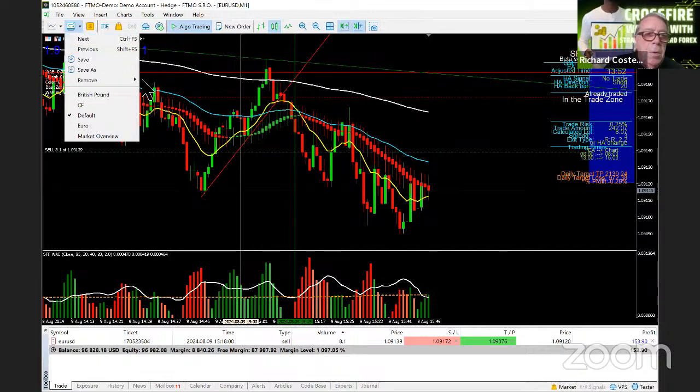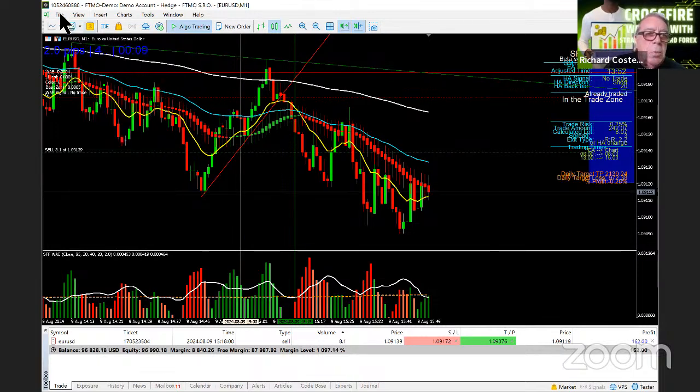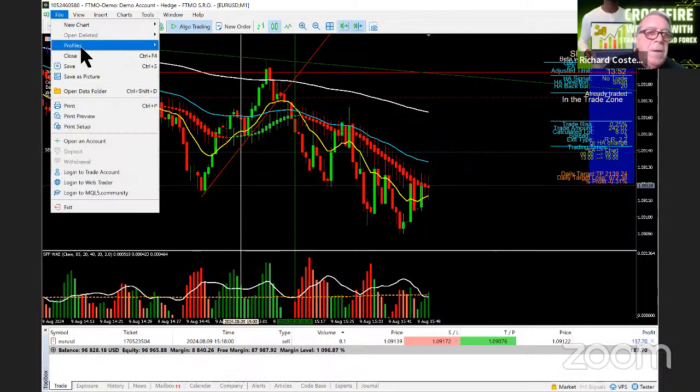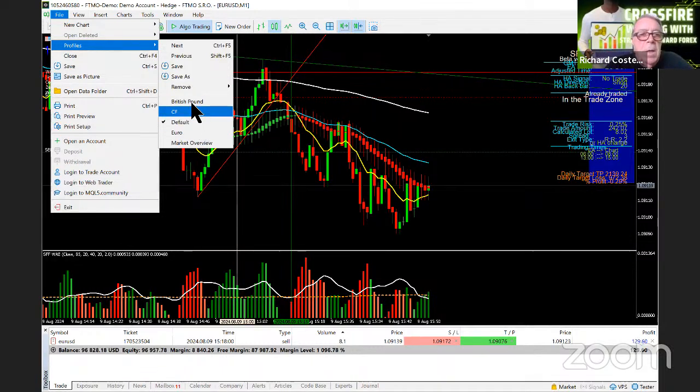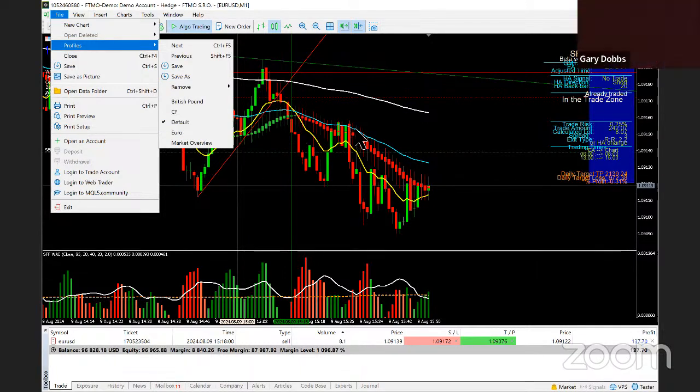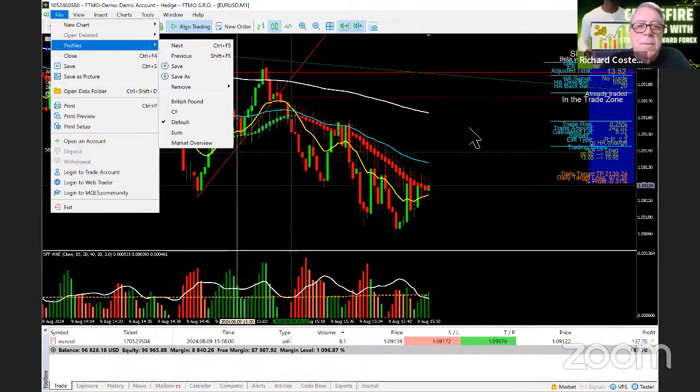The other way you can do that is you go to file. You've got profiles there, and you can create a new profile and then save it as. So I've saved that one as CF and I've saved that one as default. It just means the 4 morning pairs are on a different profile to the 4 afternoon pairs.